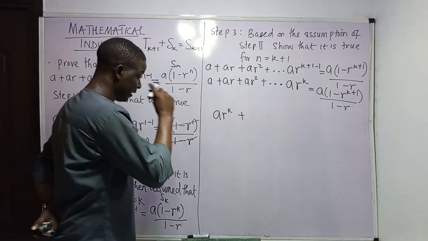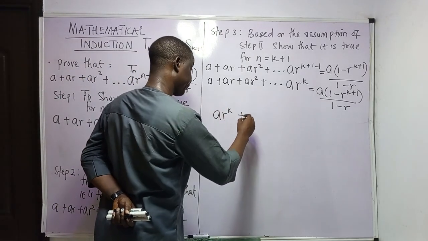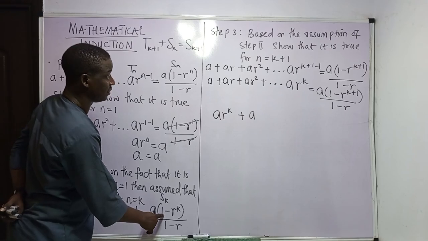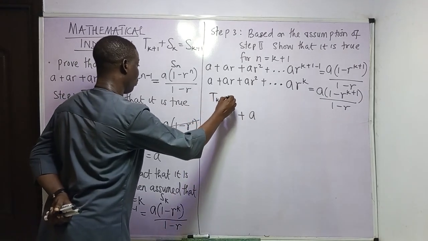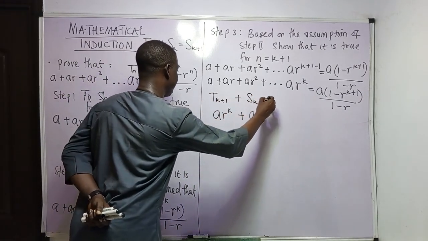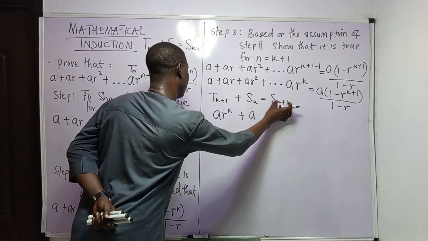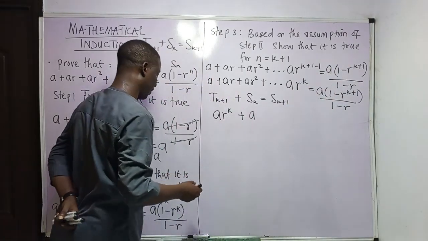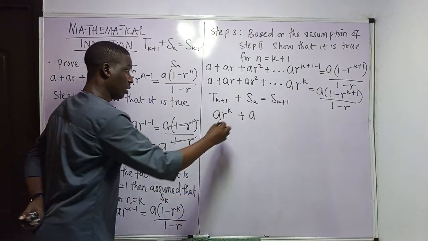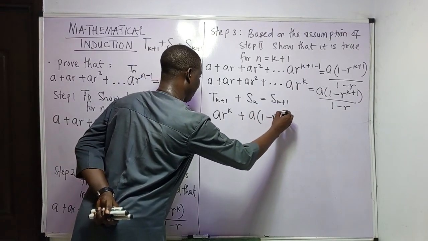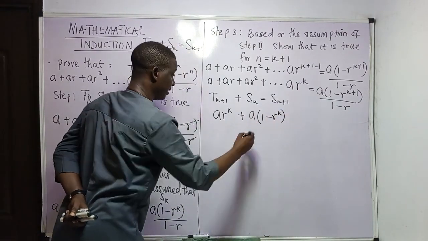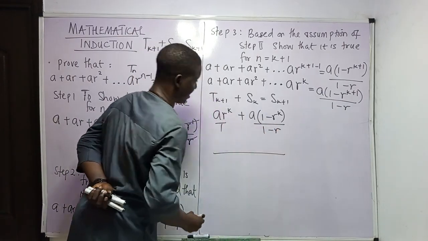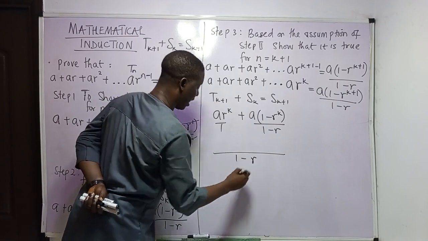So we say t(k+1) plus s(k) is equal to s(k+1). If it's equal to the right-hand side, then it is mathematically correct. So this will now be ar^k plus a into bracket 1 minus r^k, over 1 minus r. Find the LCM: 1 minus r.